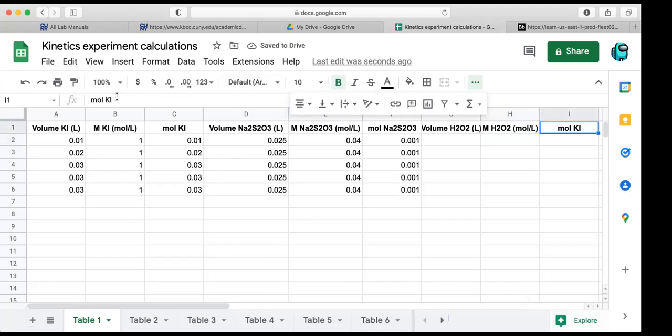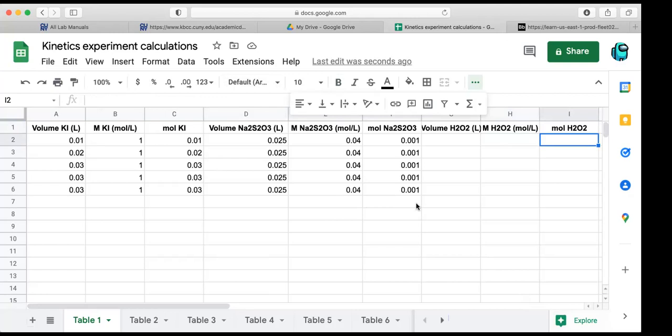Now, generally, what you can do is you can copy and paste a table that you produce in a spreadsheet program like this one right here into your Word document or into your Google Drive word processing program.